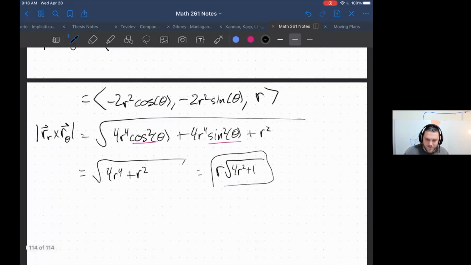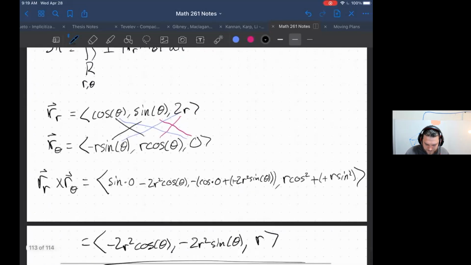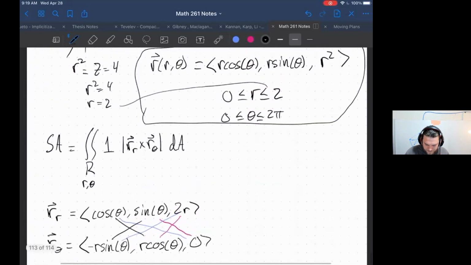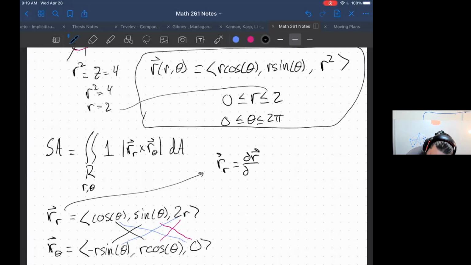Okay, so Andy, once we have, oh yeah, go ahead. I've got a question about just calculating r sub r and r sub theta. How do you do that? Right, so these are just the partial derivatives. This r sub r, you could just think of as del r del r.